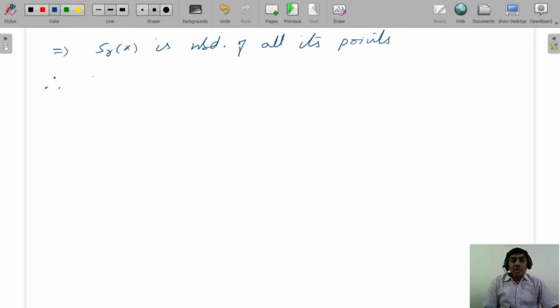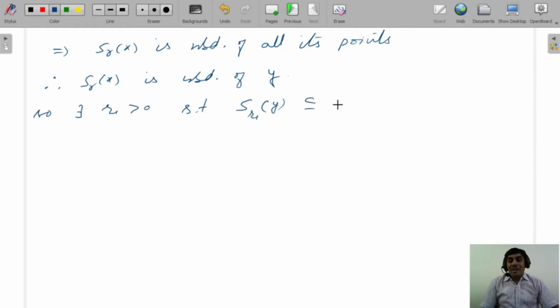Therefore, S_r(x) is a neighborhood of y. So there exists r1 greater than 0 such that the sphere centered at y with radius r1 is contained in S_r(x).